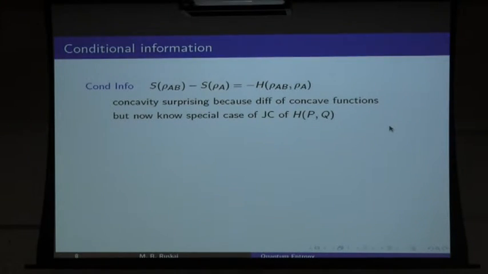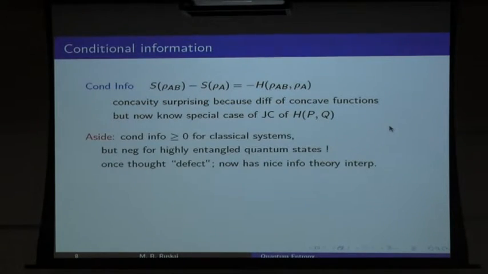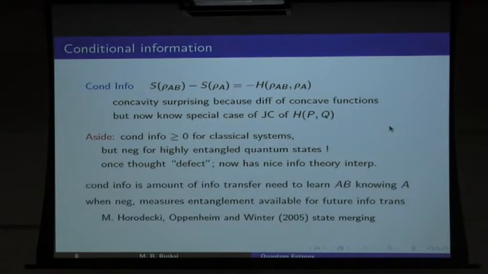And we now know that this concavity of conditional information is a special case of the joint convexity, but you know, conditional information is always positive for classical systems. But for highly entangled quantum systems, it can be negative. And for a long time, that was thought to be, we say in the original paper that that's a defect of quantum systems. It's not a defect, quite the contrary.